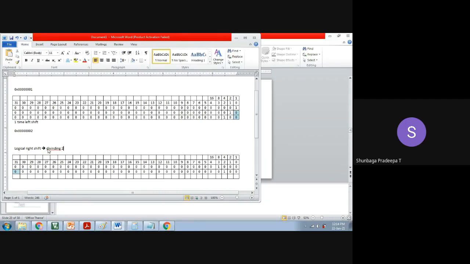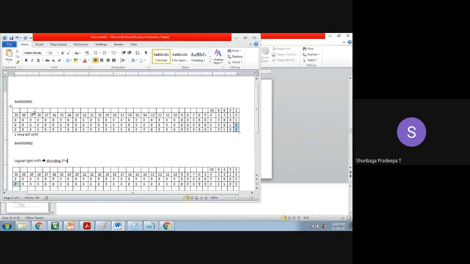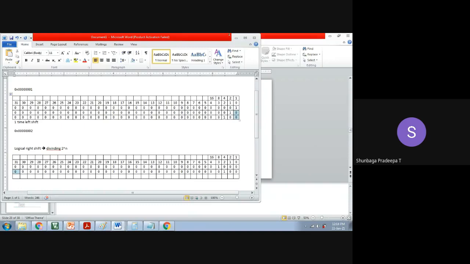The n represents the number of shifts. Based on the number of shifts, the division will be performed. So logical right shift can be used as a division, which takes less time, and left shift can be used as multiplication by 2 power n. Is this clear for all of you?